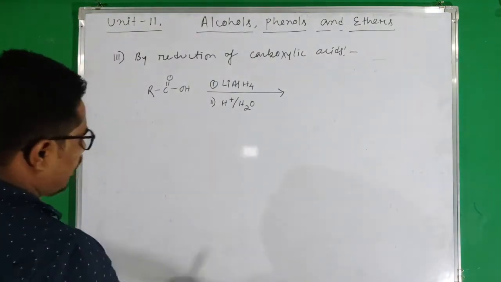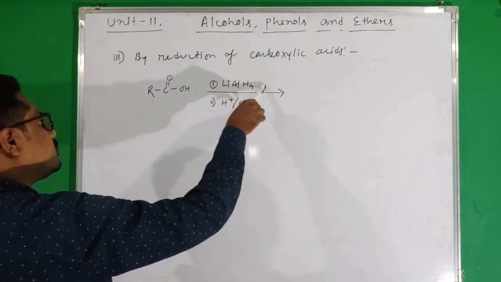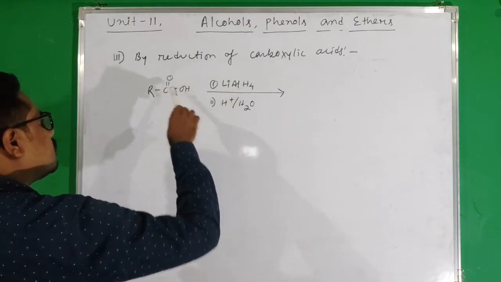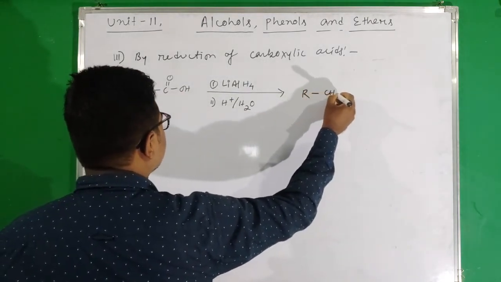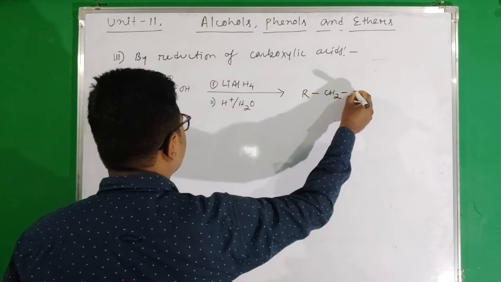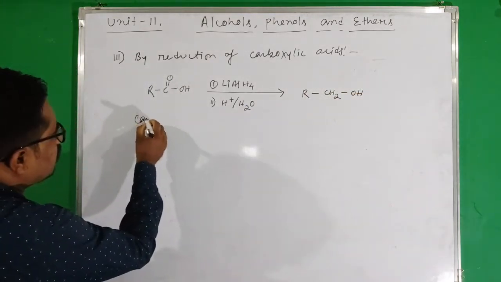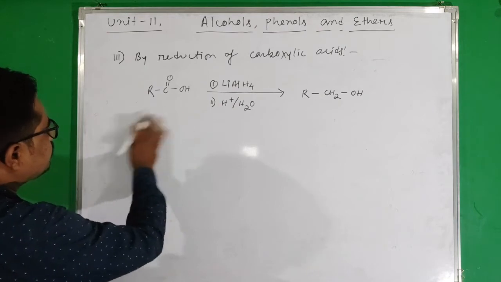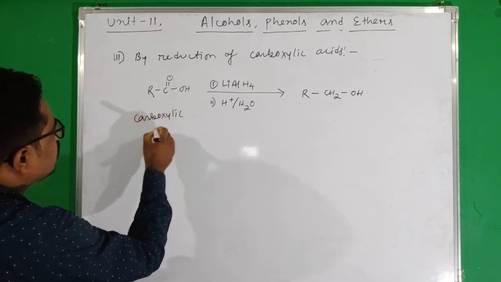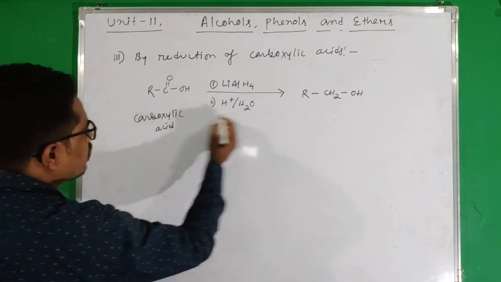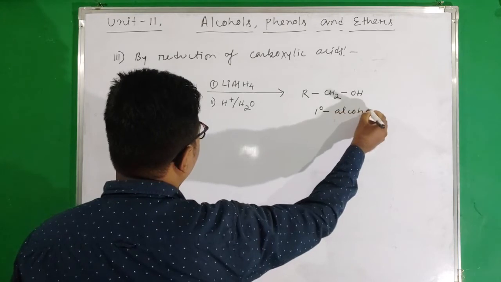This lithium aluminium hydride will reduce the carbon oxygen double bond, resulting in CH2OH. That means the carboxylic acid is converted into primary alcohol.